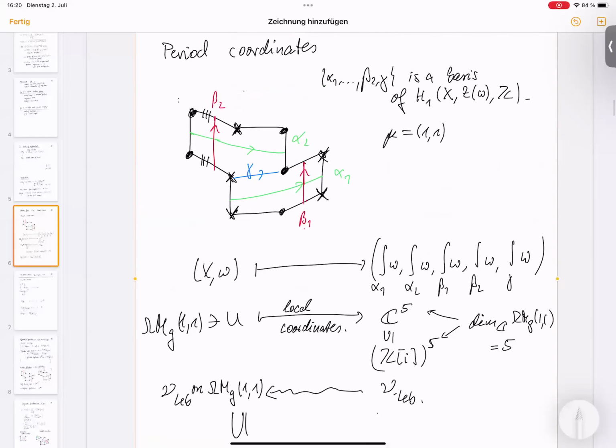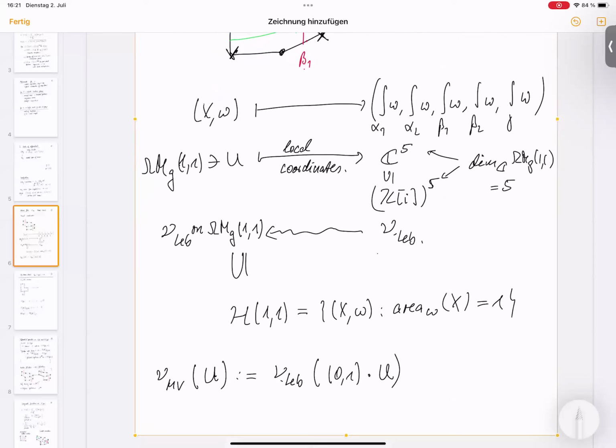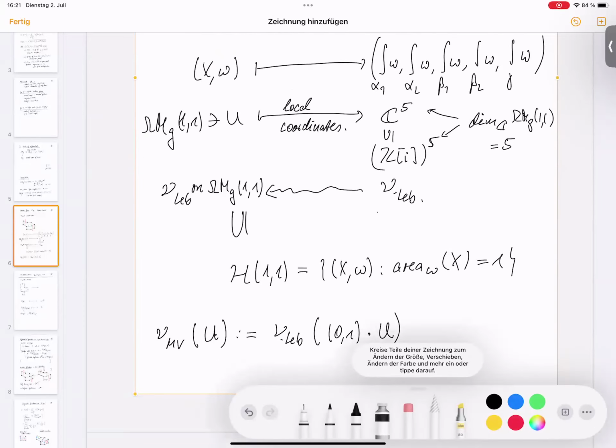So this would mean just to take all the surfaces that, if you cut out the piece of paper and measure its total size, then you get 1. And on this, disintegrating the Lebesgue measure on that surface with area 1 gives in fact a finite measure.